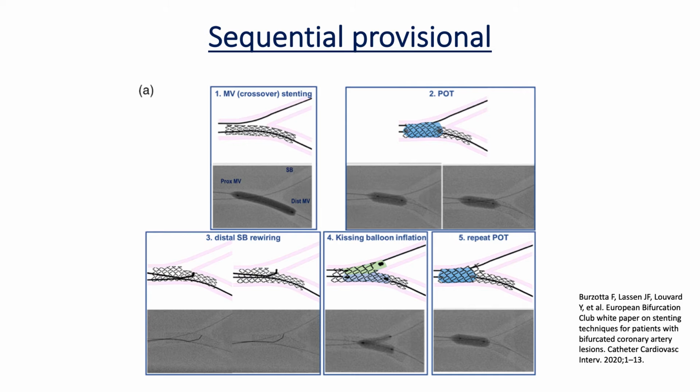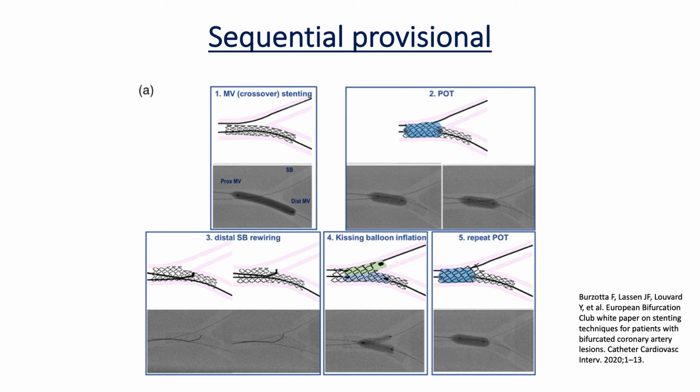Basically, both branches are wired. The stent is placed from the main branch into the main vessel, and the side branch wire is jailed. Then proximal optimization technique is performed while the wire is still in the side branch.